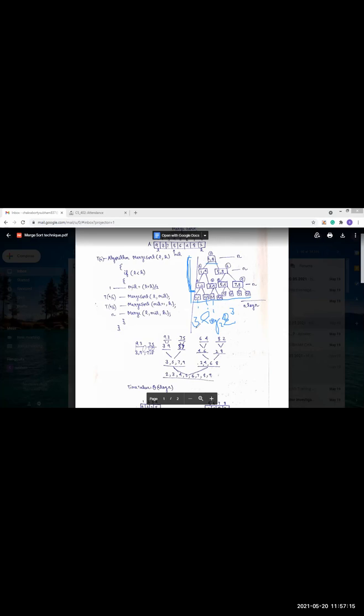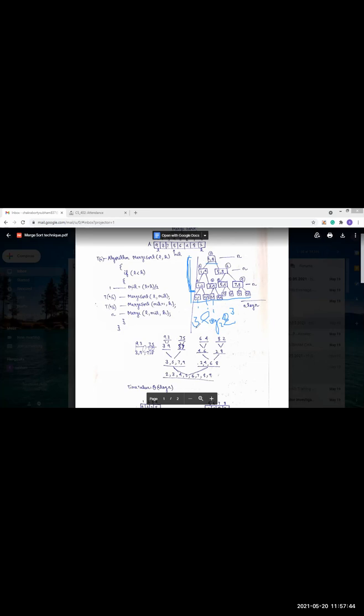So the total time complexity will be what? The merge sort total time complexity will be theta of n log n. So it is the total time complexity of the merge sort algorithm. Clear? So in the merge sort algorithm, how many steps? We have seen that for merging of 8 elements, we require 3 steps.